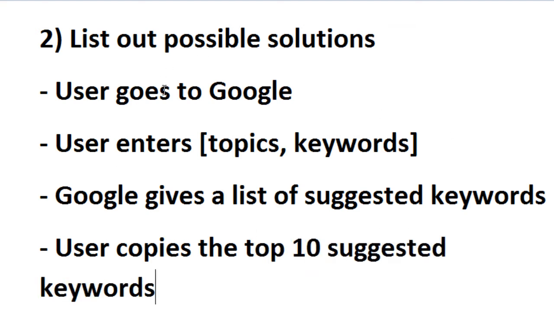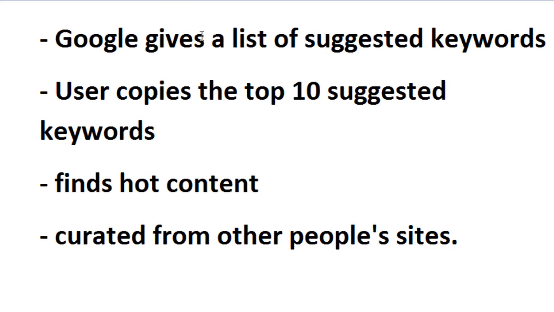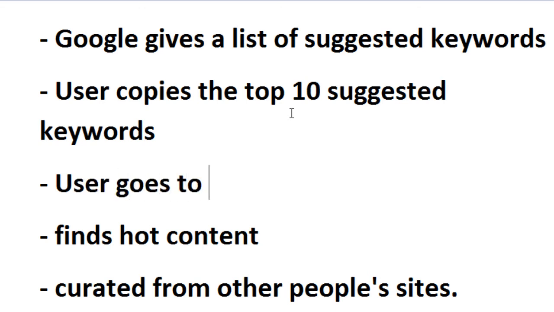So what I'm doing right now is I'm trying to break it down to what the user does. Don't worry about what the plugin does yet. We're going to do all that in just a minute. So user goes to Google, they type in the keyword, then Google gives a list of keywords. So you're telling us what the machine does and the user does. User copies the top 10 keywords, and then maybe the user goes to, let's say, Facebook or some blog site, maybe Blogger, or let's say, we'll just call this, user goes to popular blog directory.